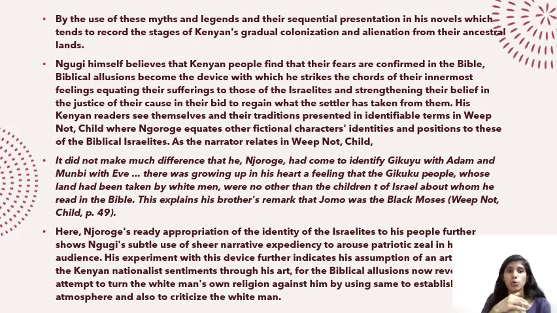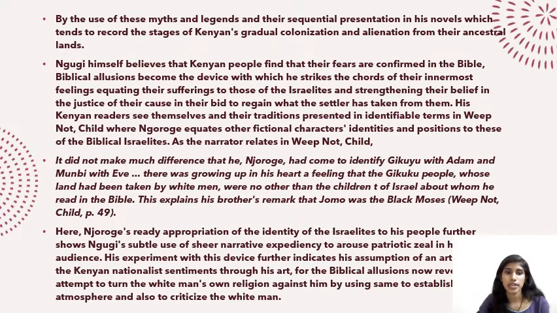So here, what it means is that myths and legends are a sequential representation in the novel, which can be used as a record for the gradual colonization of Kenya and the alienation from their own ancestral lands.